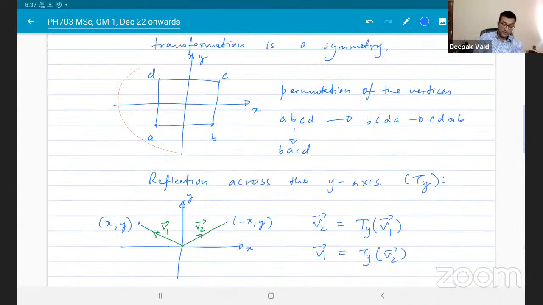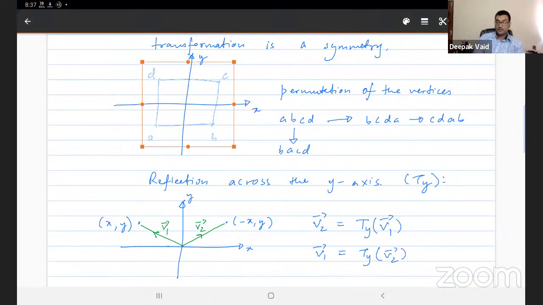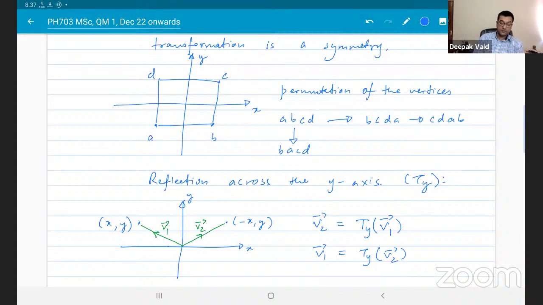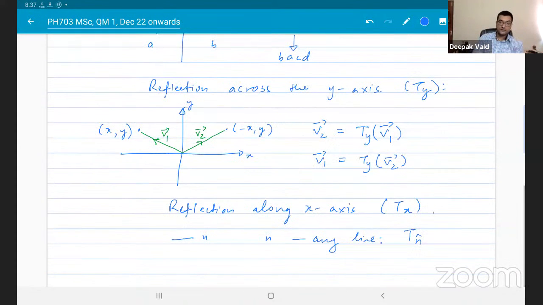Now if you look at this square, you can see that if you reflect across the y-axis or the x-axis, the square will be left unchanged. You will just get some permutation of the indices. If I reflect across the y-axis, A and B, these two indices will get swapped, and C and D will get swapped. But I'll still have a square.